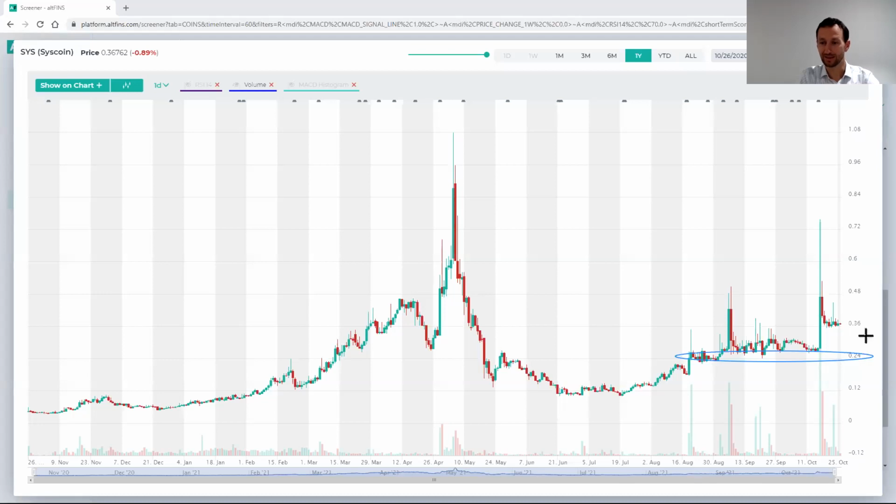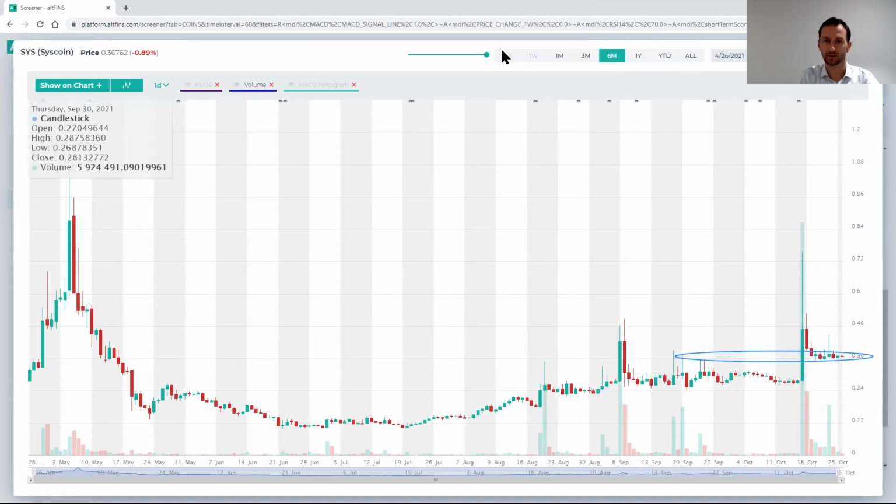I'm not sure if we'll get there. I like to be a little more aggressive and say I'll be buying it here on this pullback to 36 cents, as I zoom in a little bit closer, because 24 cents would be wishful thinking. In fact, it is an important level, and my stop loss.